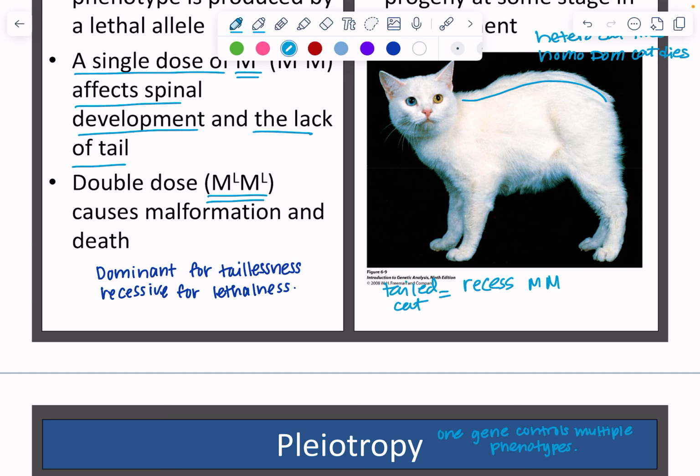But a heterozygote would be non-tailed, and a double dose or a homozygote, MLML, would have no tail, and it would be dead. And so homo or hetero equals MLM, no tail, alive.